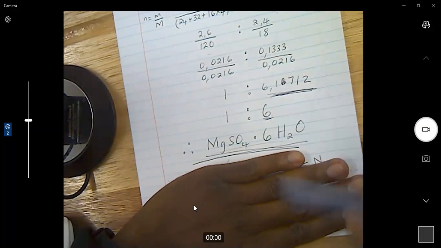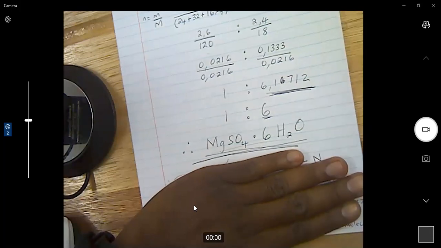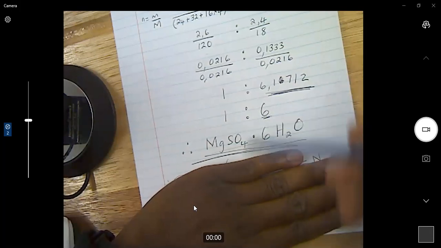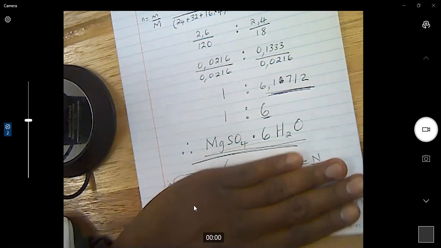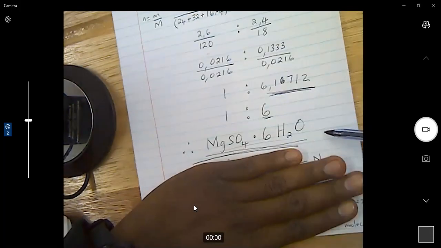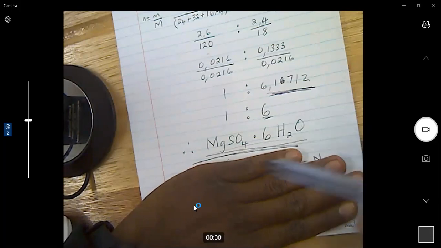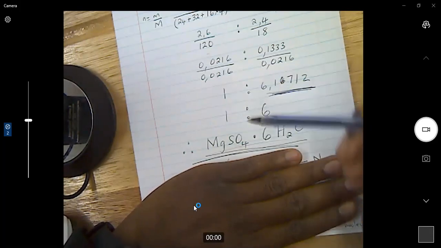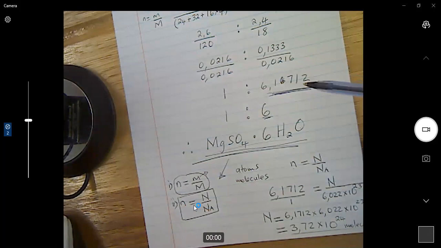But now it went a step further to say number of particles, just like how many cars. If it says how many wheels, now you need to multiply the number of wheels in each car by the number of cars. How many dozens? That's your dozen. How many eggs? I need to know how many dozens there are, and in each dozen there are 12 eggs. So I have to multiply the number of dozens by the number of eggs. Is that understood? Good.